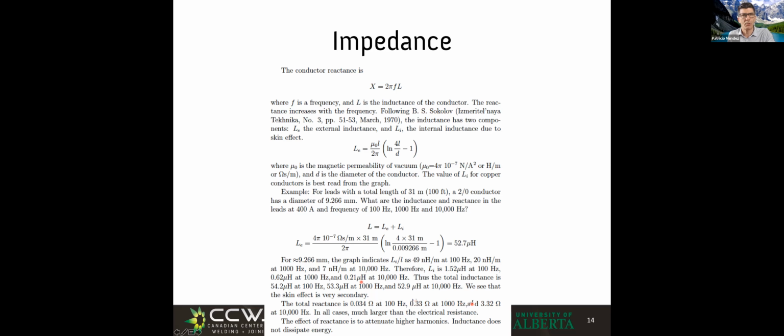If you remember, before we were talking about milliohms, and that was already pretty big. This is quite a much larger than before.